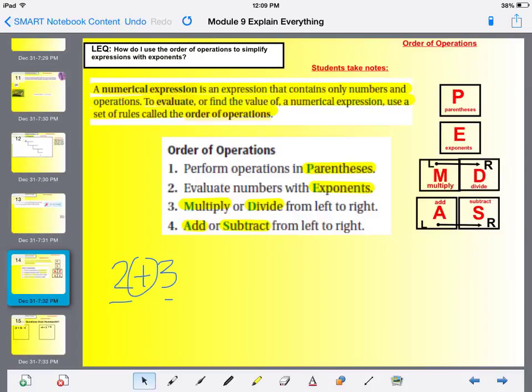So similarly, an expression like 7 times 9 is also a numerical expression because it's filled with just numbers and operational signs. So to evaluate these and to solve for them, we would have to follow the order of operations.